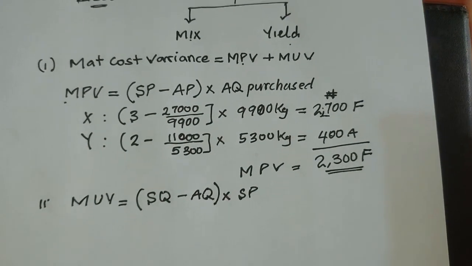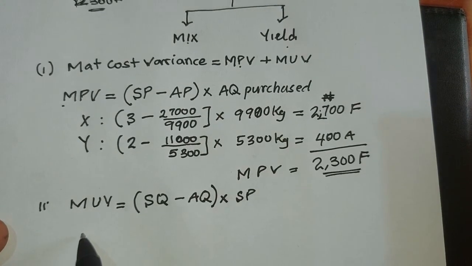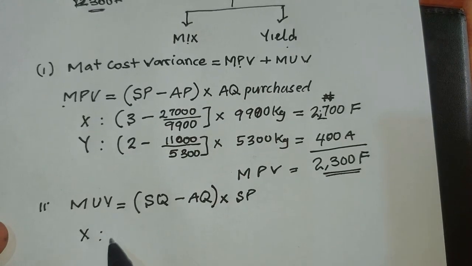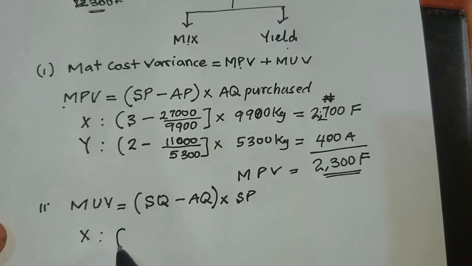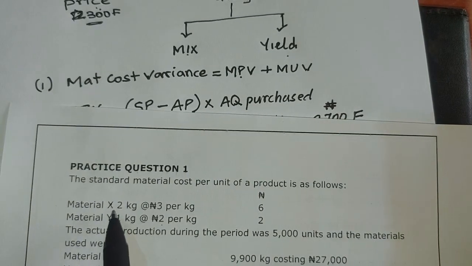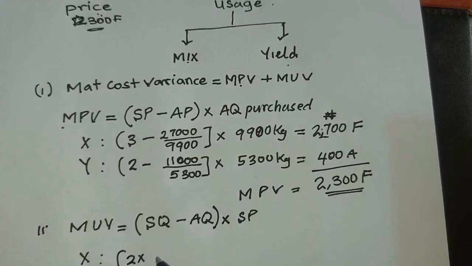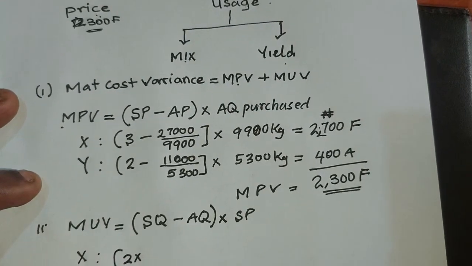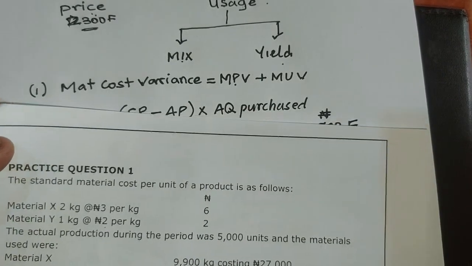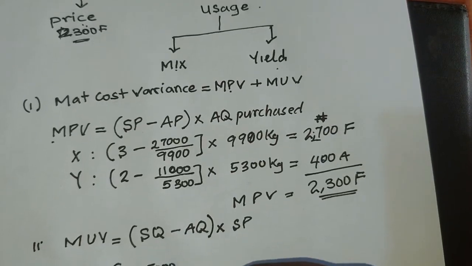Now let's look at our standard quantity for X. You open a small bracket and go to the cost card. The standard quantity is 2 kg. So you multiply by the actual output produced, which is 5,000 units. That's the standard quantity.